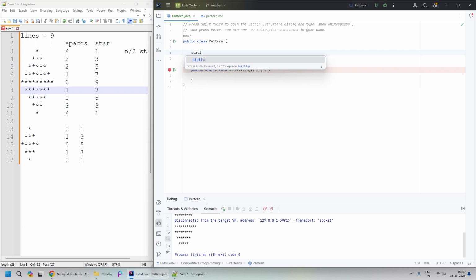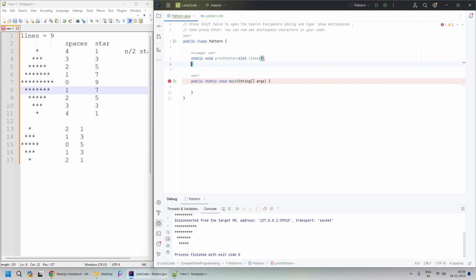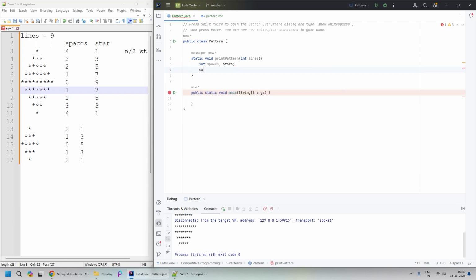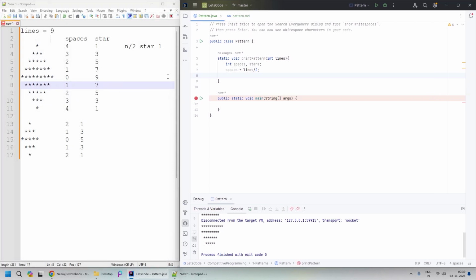So static void, we'll quickly make a static function to print a pattern with the input as the number of lines. Let's initialize spaces and stars. The initial value of spaces will be lines by 2, and stars will be 1.